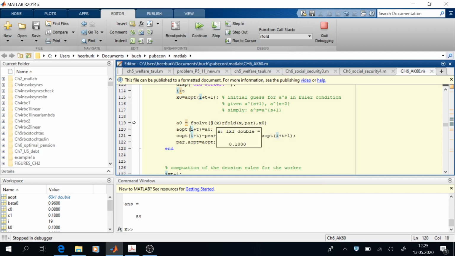So therefore, we include x here as the argument that we would like to search for to find the 0 of the function rf old. The initial value x0 here is provided as the wealth level next year that we found in the previous iteration. Remember that we iterate backwards in time starting at age 59 and working forward in time until the age 1.